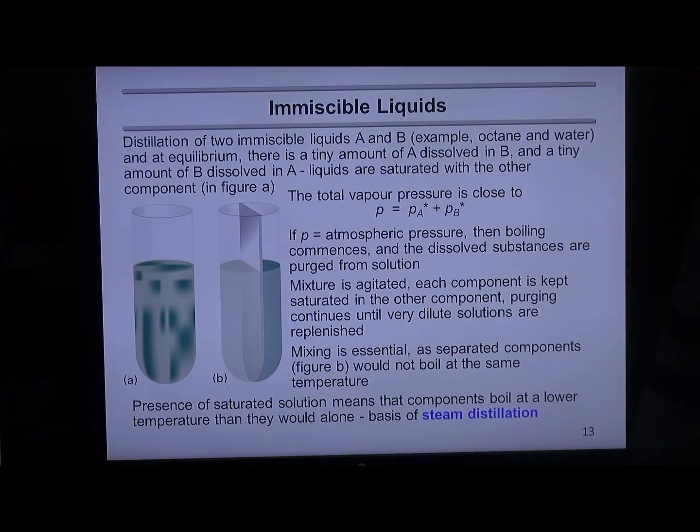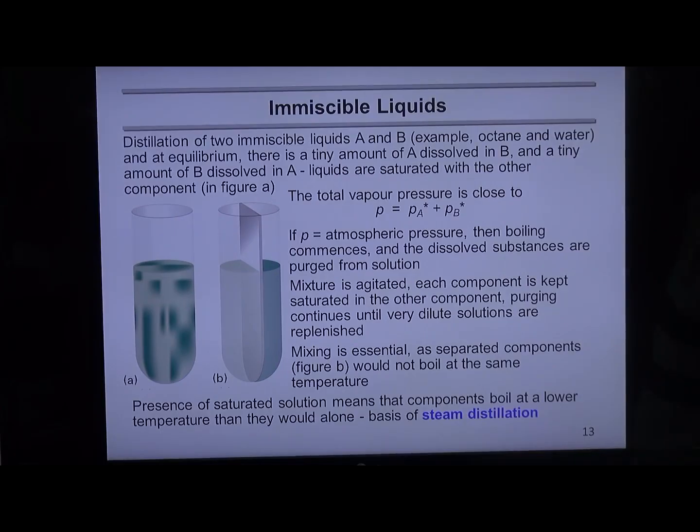That's the basis of steam distillation. Steam distillation is a kind of distillation where we basically use water.